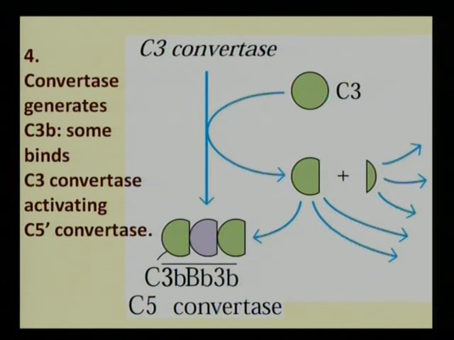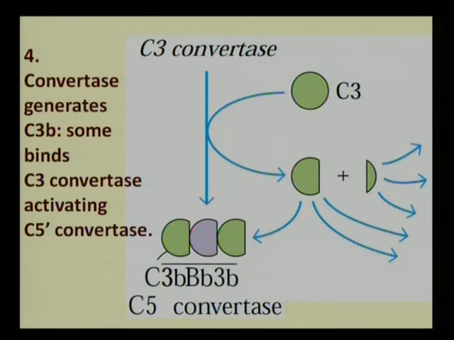Now C3 convertase will generate more C3b, that is, it will break down more C3 molecules into C3a and C3b, and some more C3b will bind to this already formed complex. So a second complex is formed, that is C3bBb3b. There are three components.